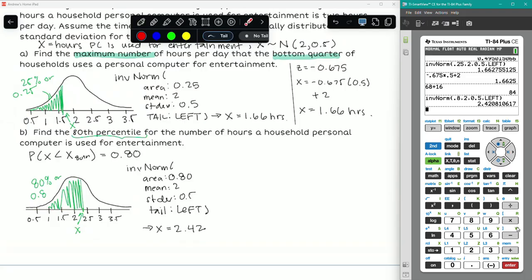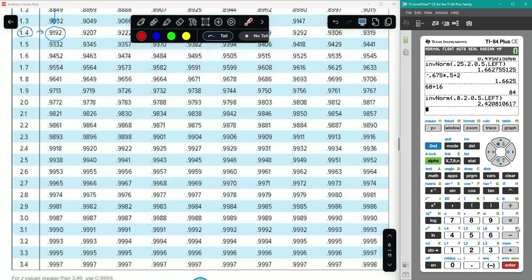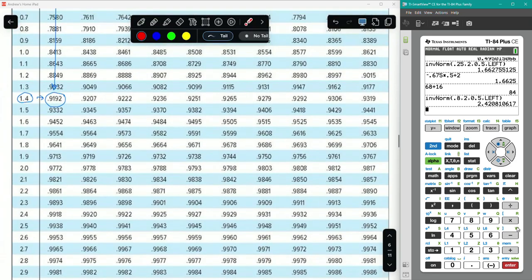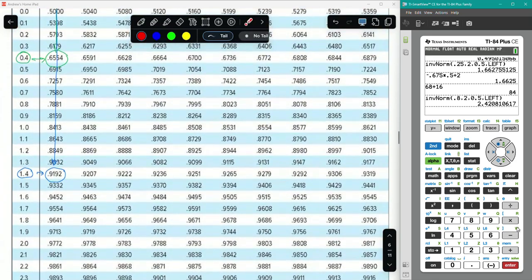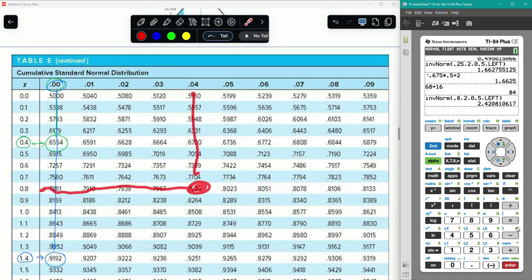We can also do this with the data table. If I scroll back up, I know in my data table I'm looking for 0.80. And I see here a 0.7995 and a 0.8023. I think 0.80 is probably closer to this. So I'm going to go with this value, and that's positive 0.8, and if I scroll up, 4.